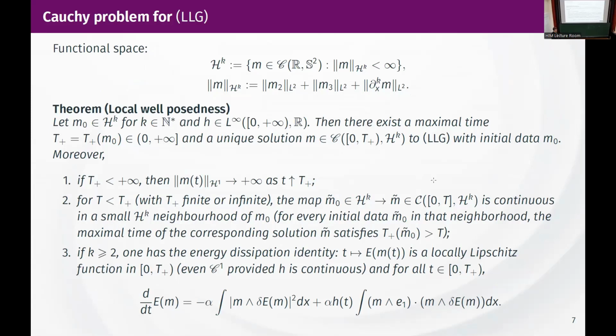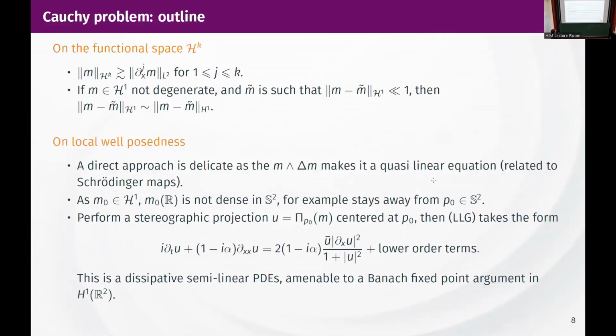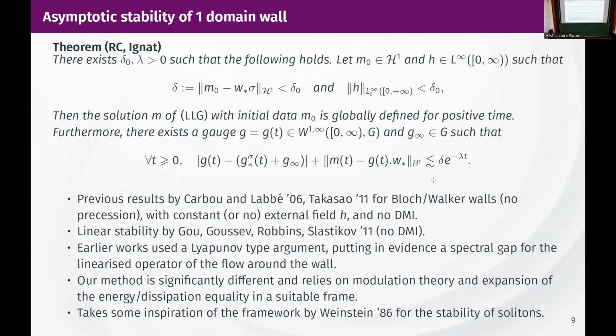It can certainly be useful if you want to speak about, for example, asymptotic stability in higher order Sobolev spaces. Why H1 over 2? You're not on the real line? Yeah, it's H1 of R, R2. Yes, sorry, thank you. Okay, so now I can state the result.